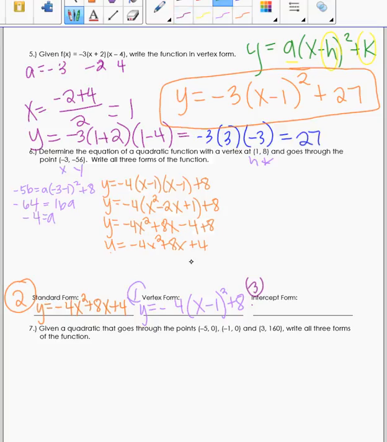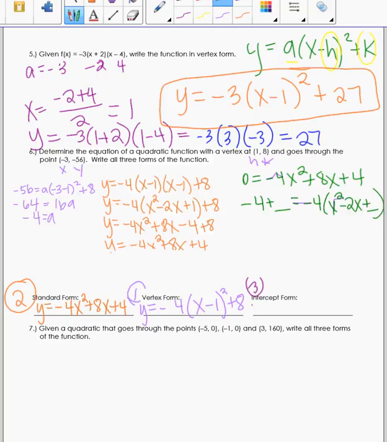And in this case, I'm going to use completing the square. So I'm going to find those x-intercepts by setting y equal to 0. So I have 0 equals negative 4x squared plus 8x plus 4. I'm going to bring my 4 over, so I have negative 4, and then plus a blank equals negative 4 times x squared minus 2x plus a blank.